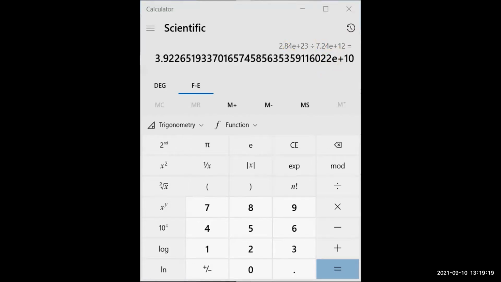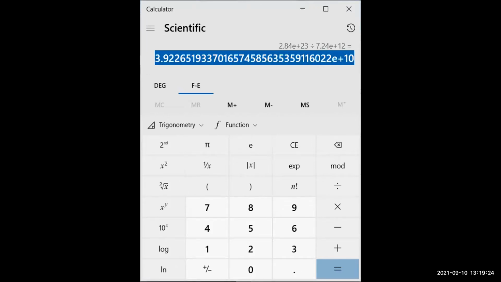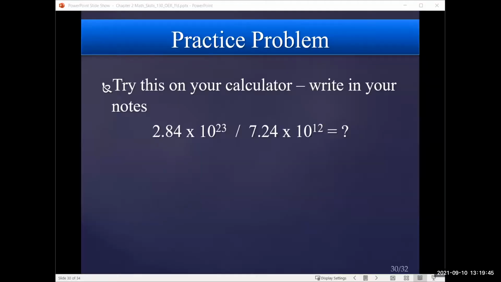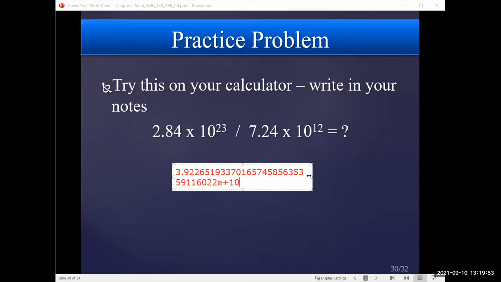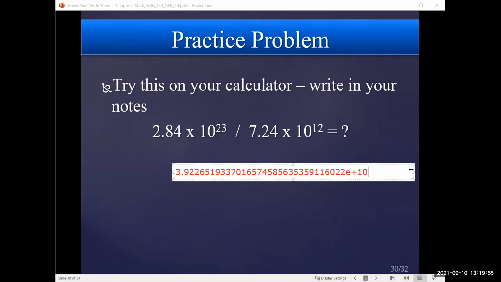So now your calculator has this big old number. Let's copy it and bring it back. The number we got was this big old number here.